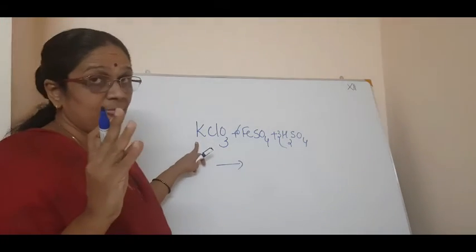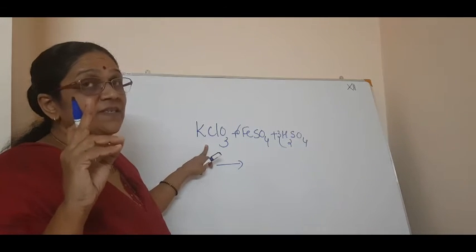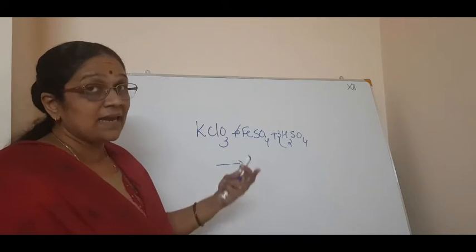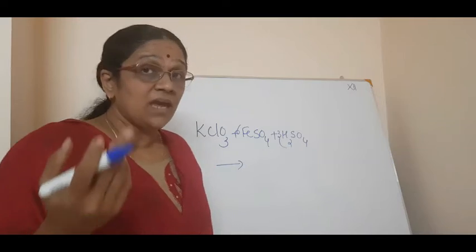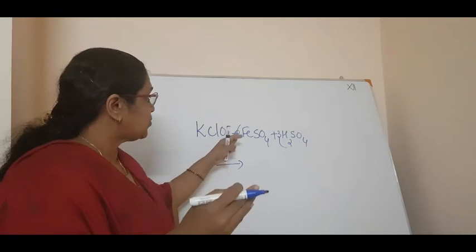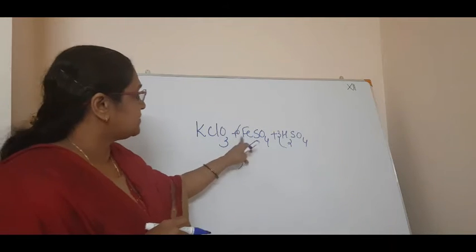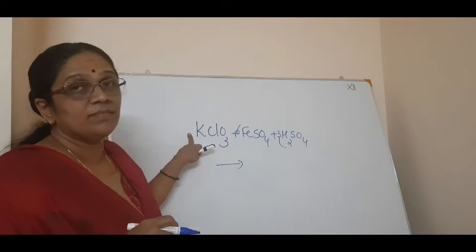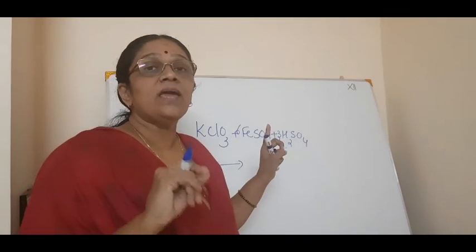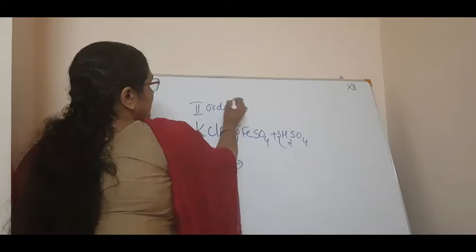Say, as a hypothetical situation, if the order of reaction coincides with the stoichiometry, then we will say it is a 10th order reaction. See, 6 plus 3, 9 plus 1, 10. But actually, this is a second order reaction by experiment.